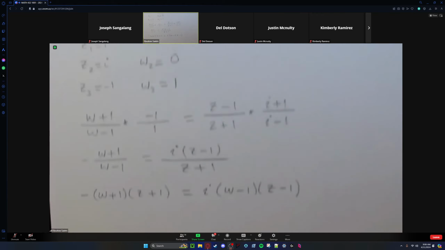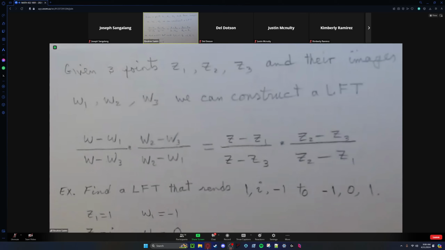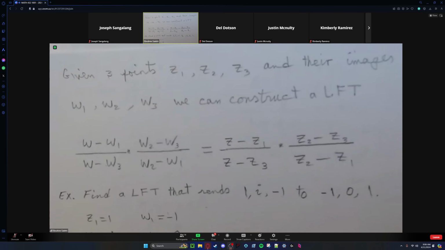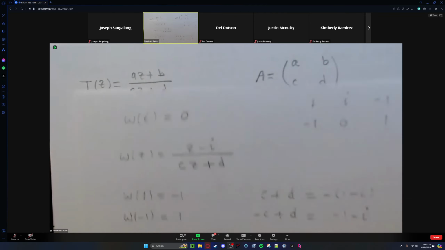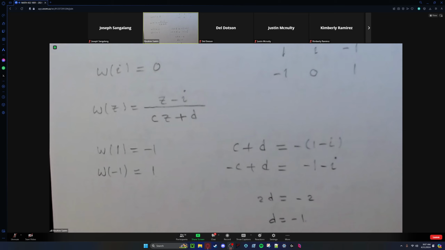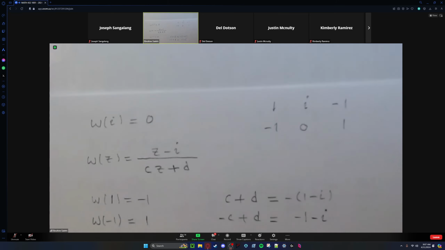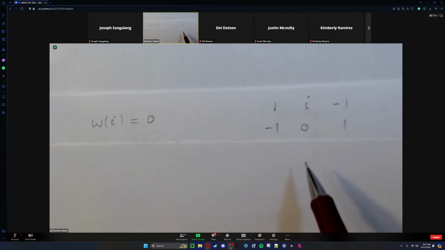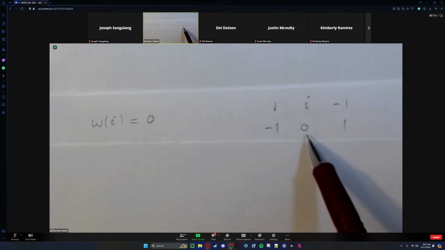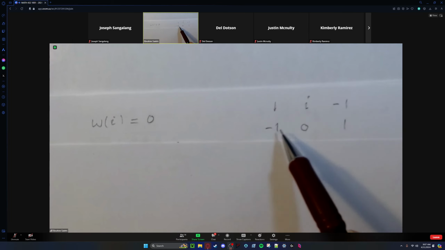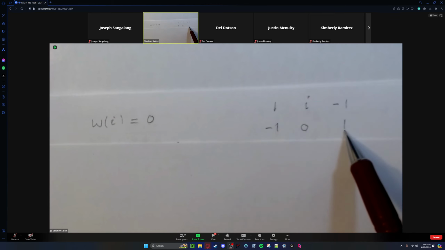Is this the only way to find it? Of course not. We can be very creative. For example, look at this. I'm doing it in a different way now. So I want a function that sends i to 0, 1 to -1, -1 to 1.